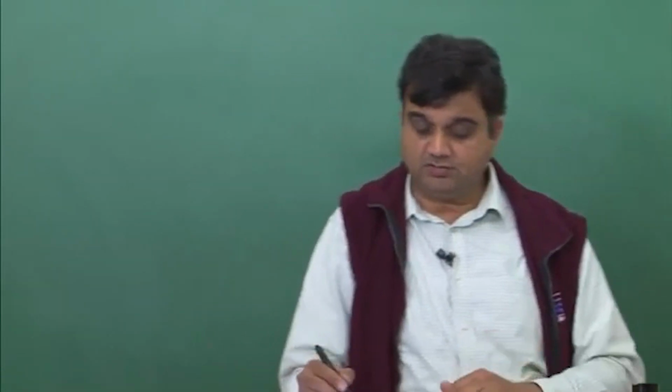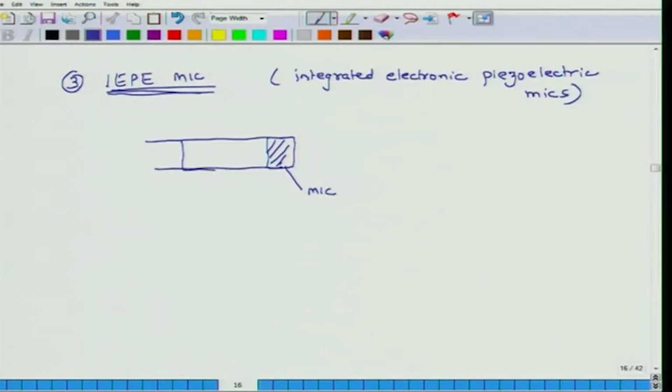So a lot of times you may have an integrated preamplifier. You cannot separate it. You can get the microphone and the preamplifier as a package. So you have an integrated preamplifier with the microphone, and this may be a piezoelectric mic.